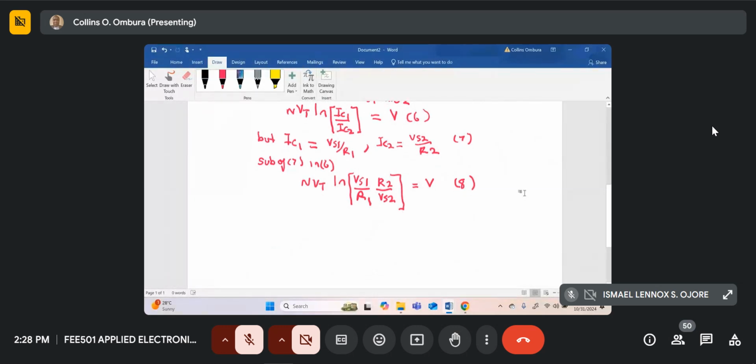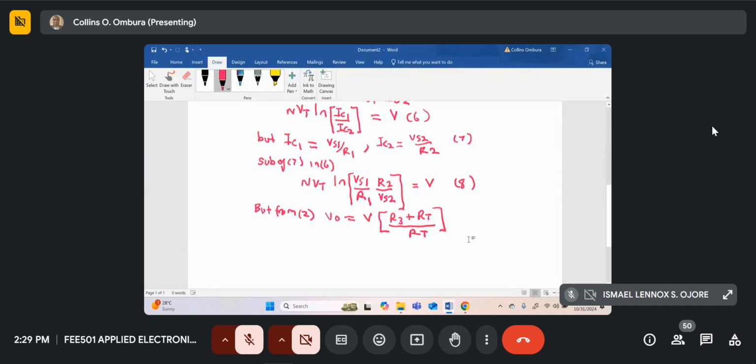So from 2, V naught was equal to V into R3 plus RT over RT.